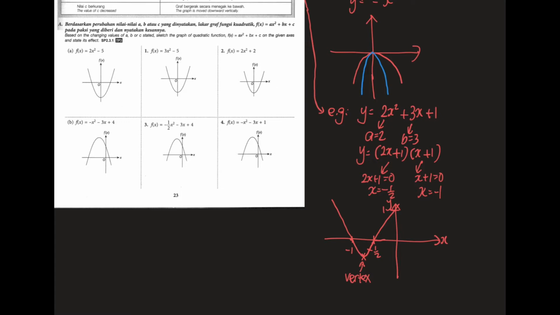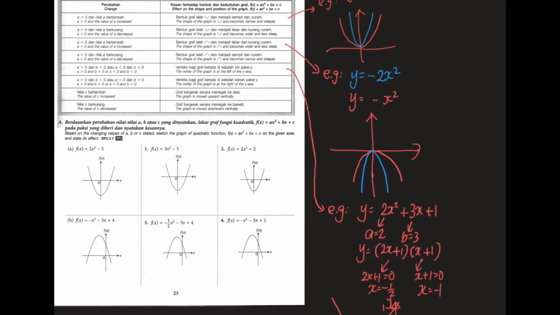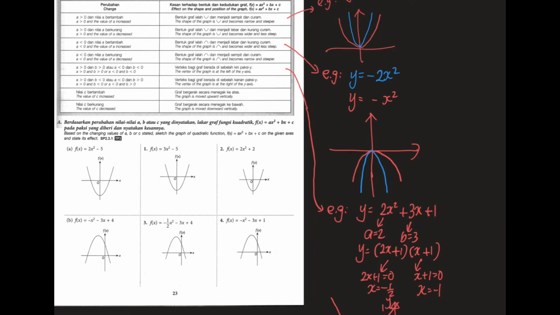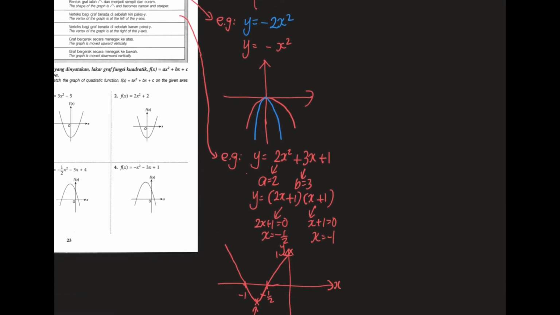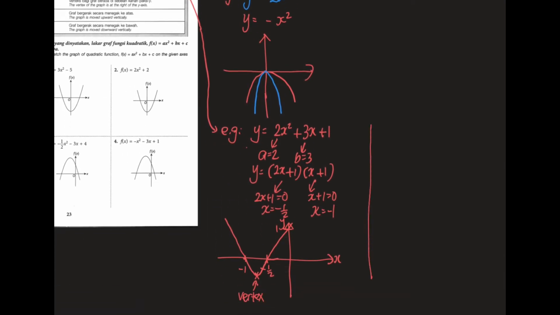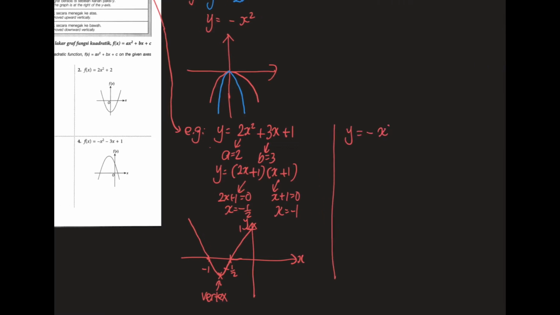Now for the second case, they say A is less than 0 and B is also less than 0. So I give one example here. Okay, let's say y equal to negative x squared, negative 2x, and let's say negative 1.